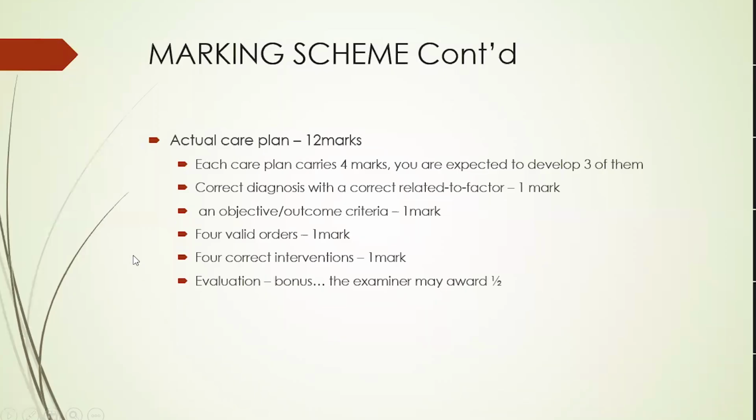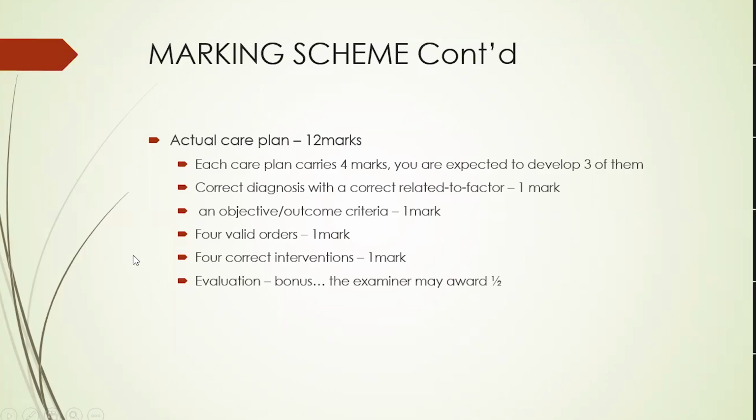Okay. So every valid order you give, if you give 4 valid orders, sometimes you can write like 6 orders, 5 orders, but when we say valid orders, we mean that at the end of the day, it should tally with the diagnosis that is stated.